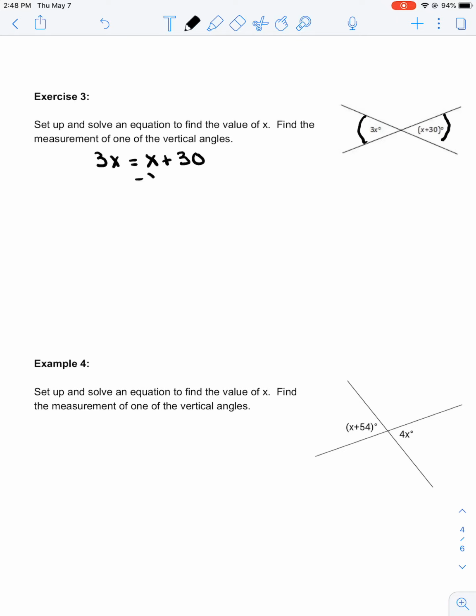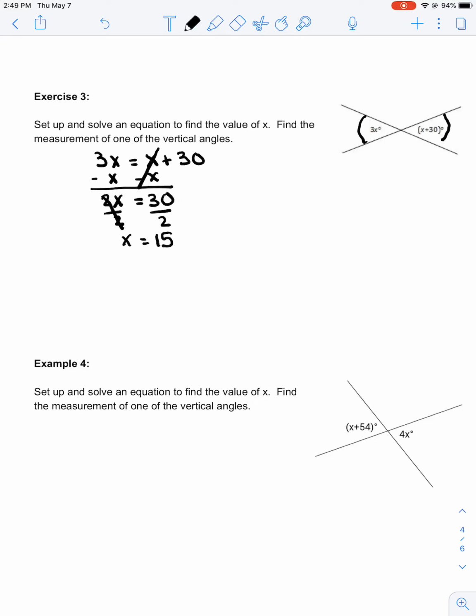So I'm going to subtract x from both sides because I can do that. So I can subtract x and I get 2x equals 30. Divide both sides by 2. And I get x equals 15.